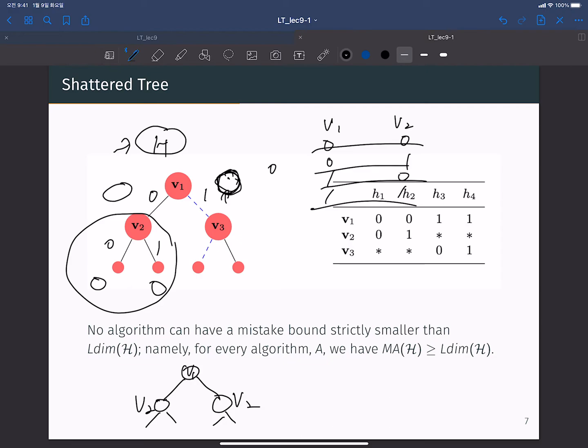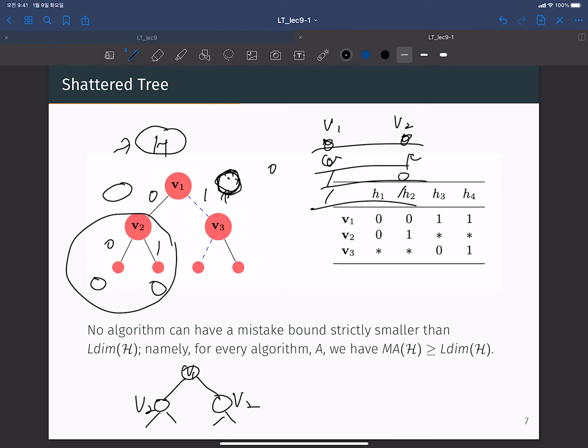Okay? Because VC dimension by definition can make any combination, any possible outcomes for the two instances v1, v2.